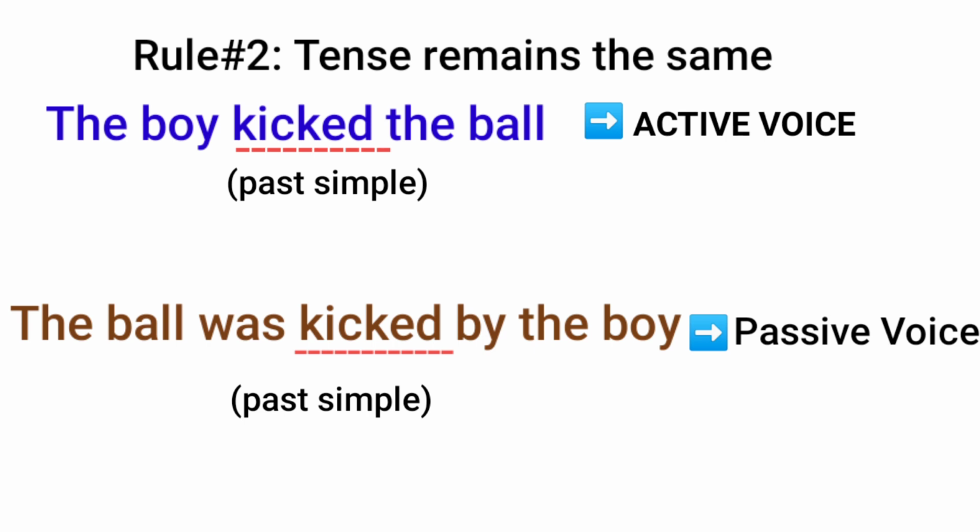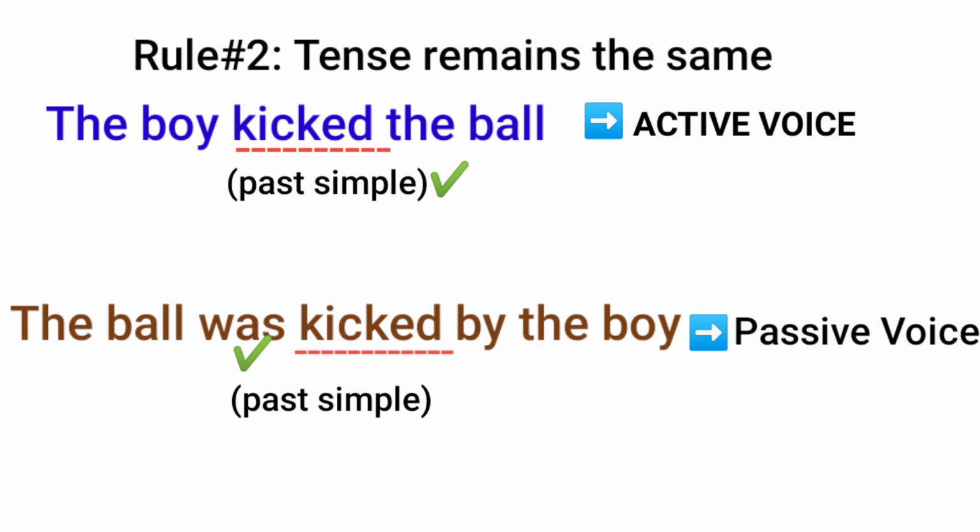When we change active into passive or passive into active, the tense of the verb remains the same. For that, the auxiliary verb needs to be in the same tense as the main verb of the sentence in the active voice. So the auxiliary verb or the helping verb remains the same.